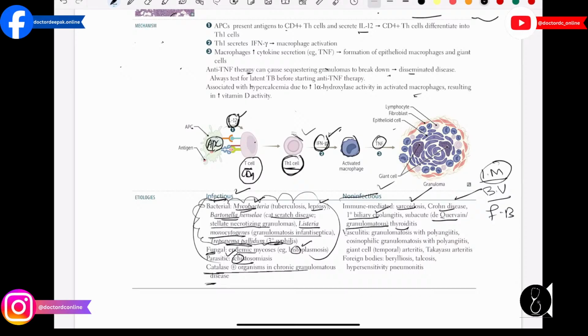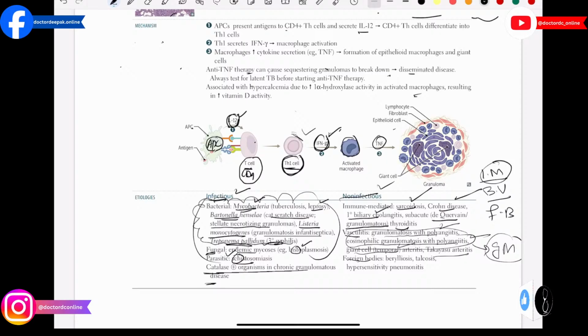Then after that, we have vasculitis. Basically, vasculitis means inflammation of vessels. So in granulomatosis with polyangiitis, eosinophilic granulomatosis with polyangiitis, giant cell temporal arteritis, and Takayasu arteritis, in all these conditions, your blood vessel is going to be inflamed. And when your blood vessel is inflamed, you will get the granuloma, and that granuloma is usually because of vasculitis.